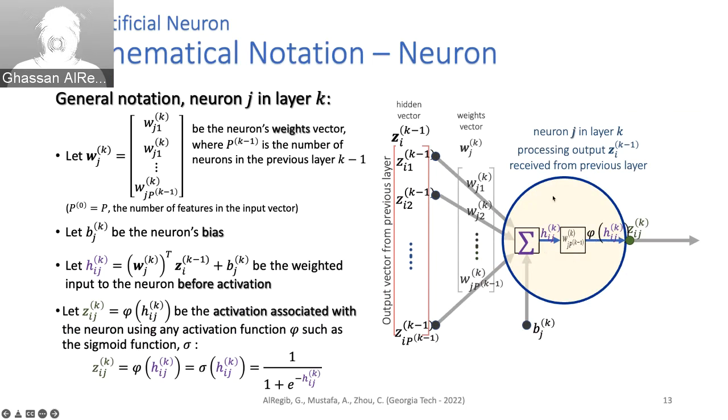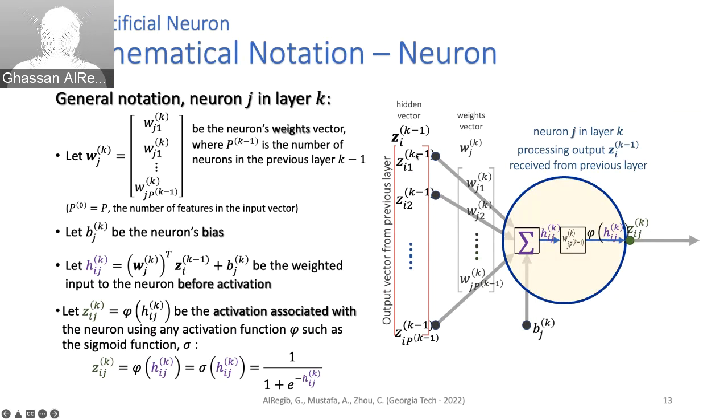But now this neuron is neuron j in layer k. You can see the output here is z sub i, j. Take note, this is the jth neuron, and the superscript parentheses k means this is the kth layer, right?